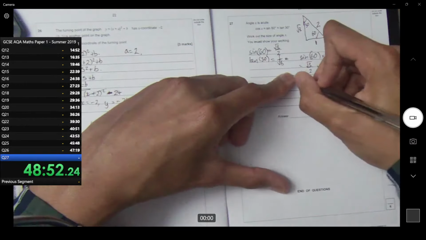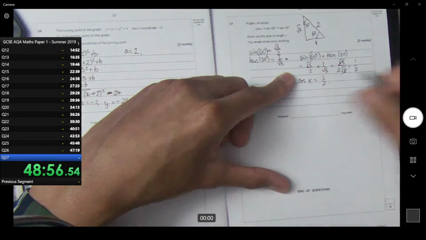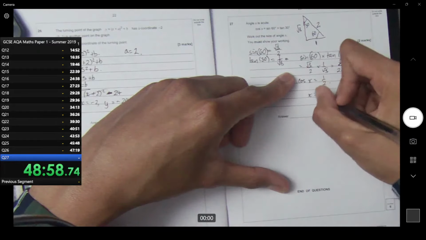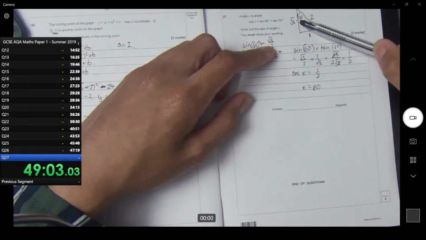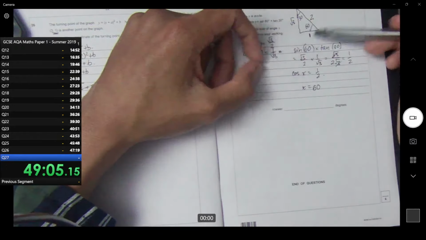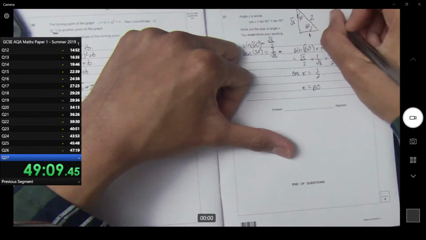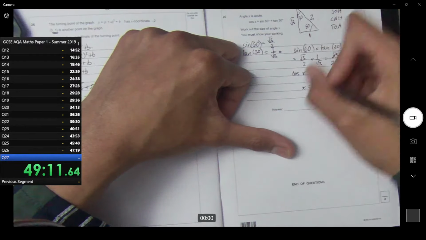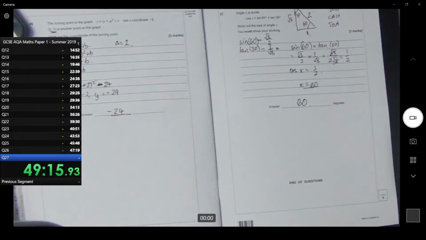So at the end, we get cosine x is 1/2. And x here is just 60, because if we cover up 60 here, and we do adjacent divided by the hypotenuse, we get 1/2. Now that's the end there.